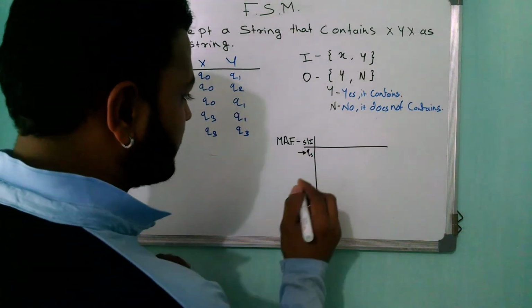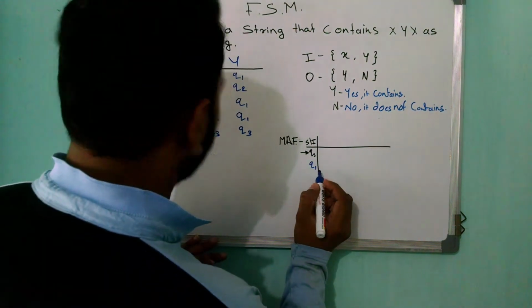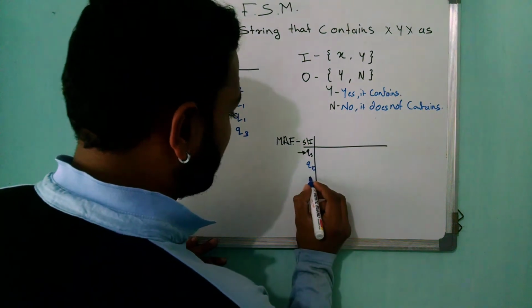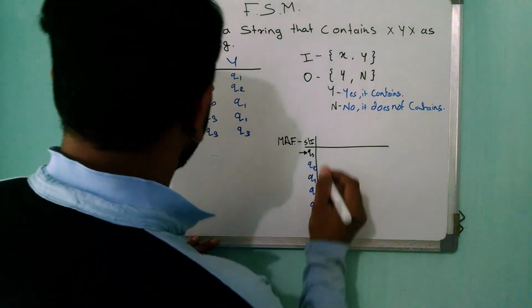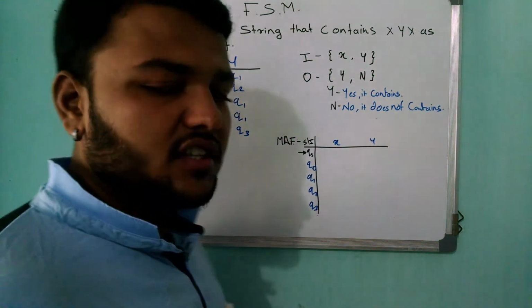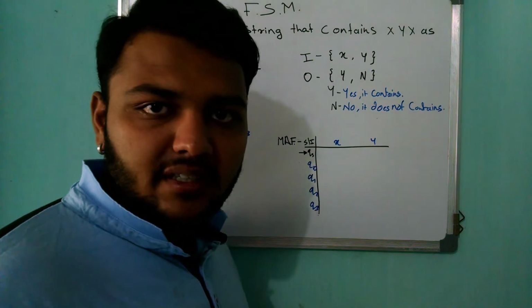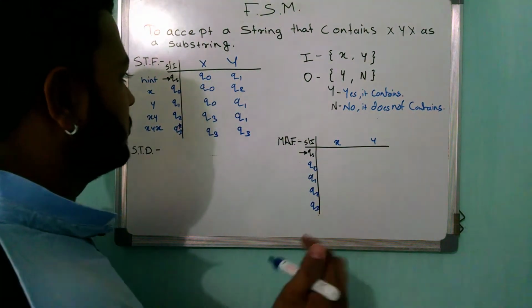We'll similarly do the machine function here. So we'll just copy down all the states similarly, q0, q1, q2 and q3. The inputs x and y. Now as before, we'll just write no on all the places that don't have q3 in them, and yes over all the places that have q3 in them.